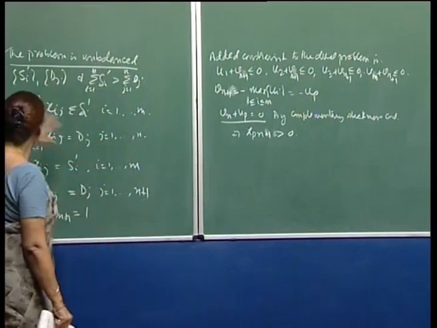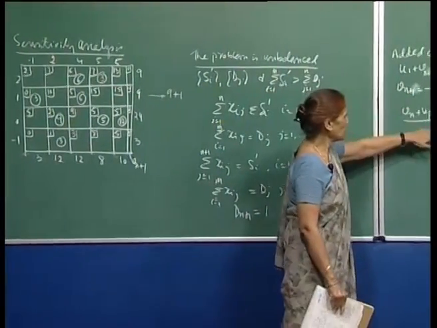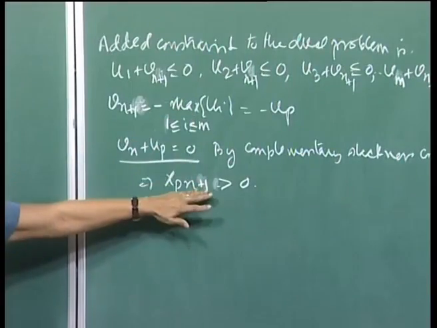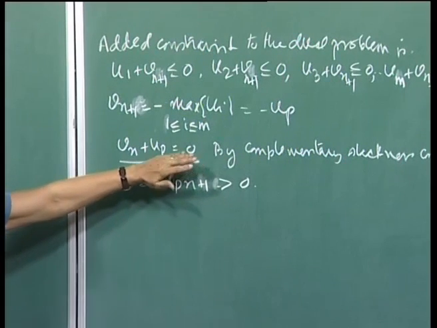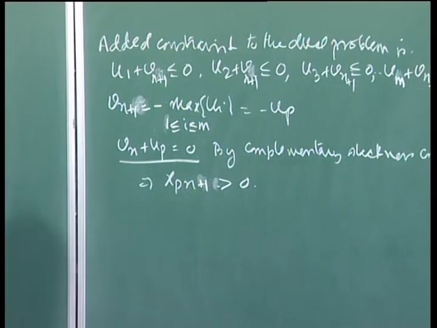I do not have to change the other u_i's or v_j's, simply choose v_n plus 1 equal to this, and the constraint is satisfied as equality, and so your x_p,n+1 can be positive.